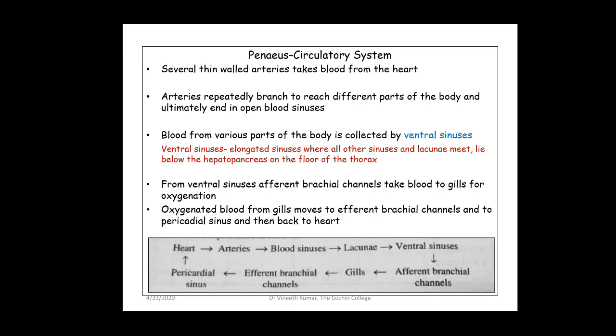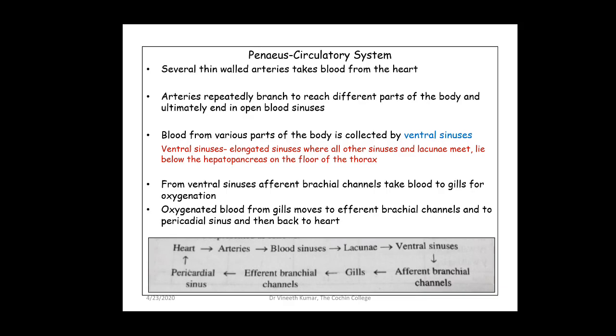which is seen below the hepatopancreas and the floor of the thorax. And the importance of the ventral sinus is that all the other sinuses and lacunae meet at this ventral sinus. So all the sinuses and all the lacunae in the body drain their fluid into this particular ventral sinus.